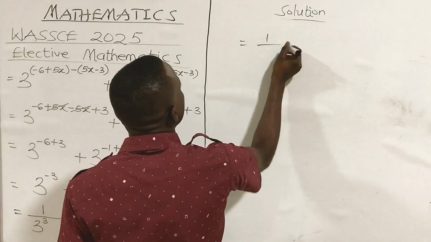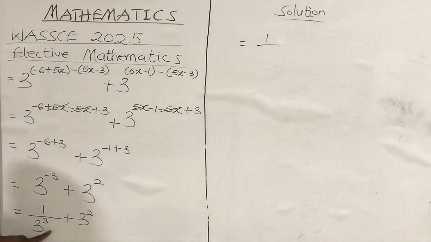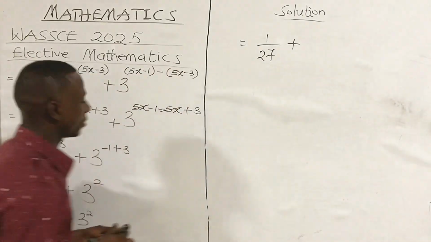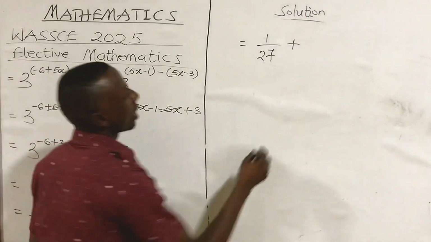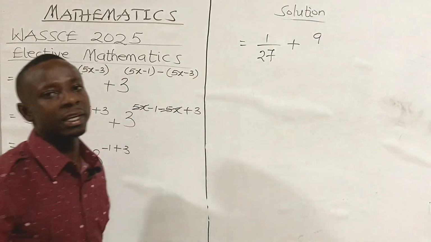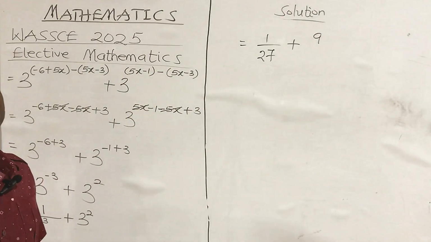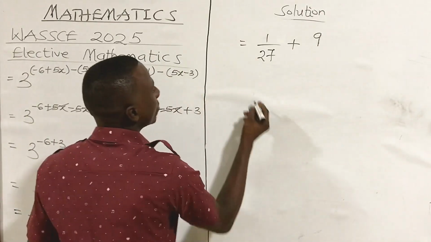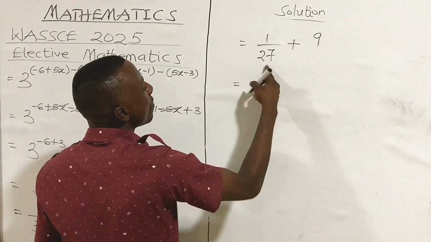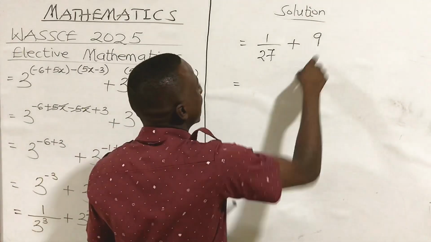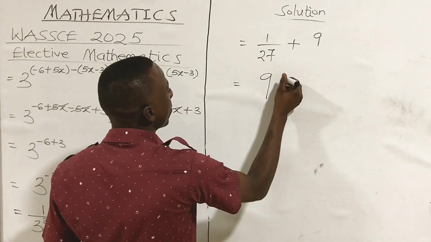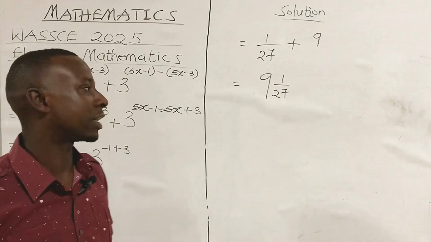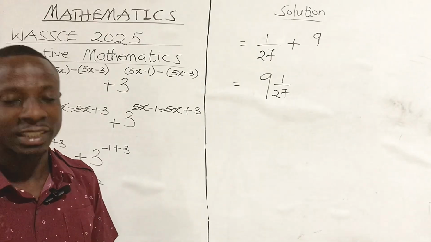So now we have 1 over 3 power 3, which is 27, plus 3 squared, which is 9. Here we have a fraction adding a whole number, and 1 over 27 plus 9 is going to be 9 whole number 1 over 27. This is a whole number plus a fraction, and this will be the final answer.